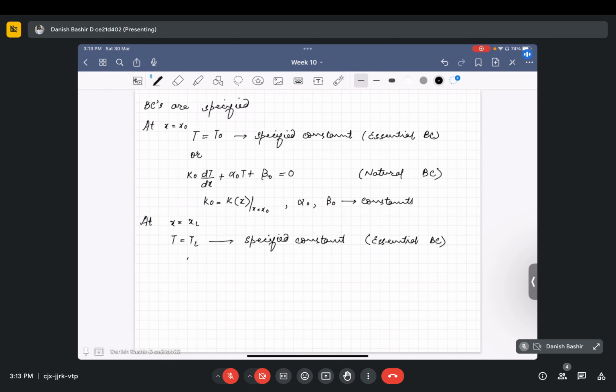Or we can have, same like this, kL dT by dx plus alpha L T plus beta L. I hope you are connecting the above parts and below parts. This is a natural boundary condition, where I can again write kL equal to k of x at x equal to xL, and alpha L and beta L are constants.